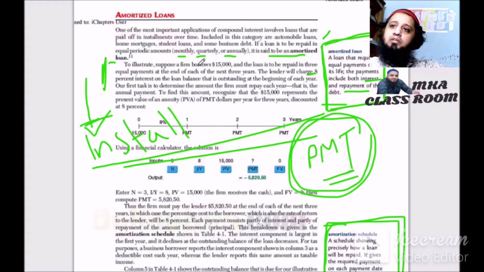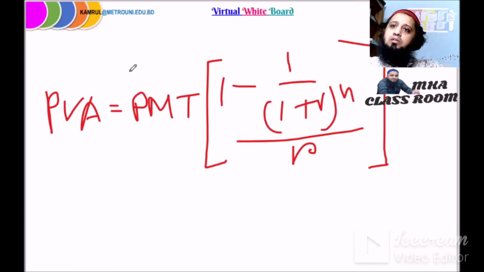So we can see the formula for present value of annuity. You remember that amortization loan always uses the formula for present value of annuity, because you take the loan today and this loan is repaid in future, so that is related to the present value.